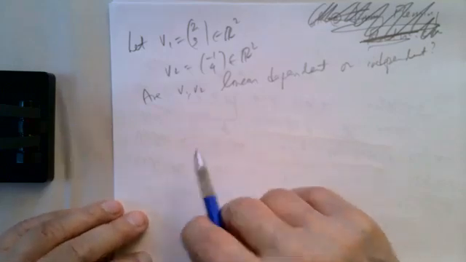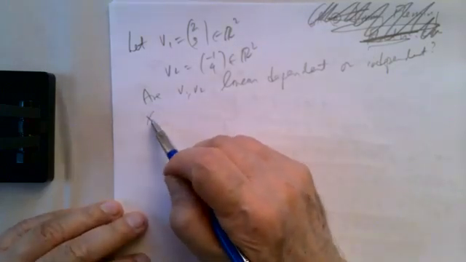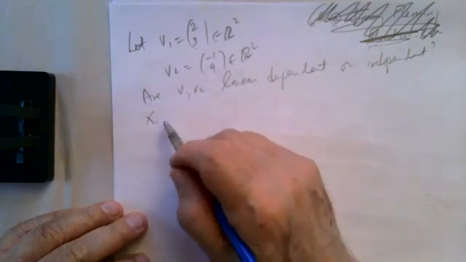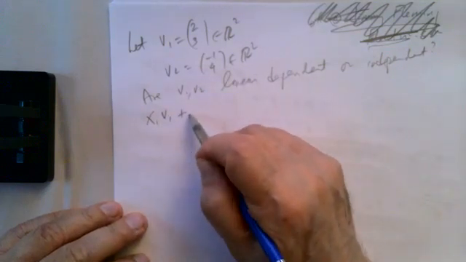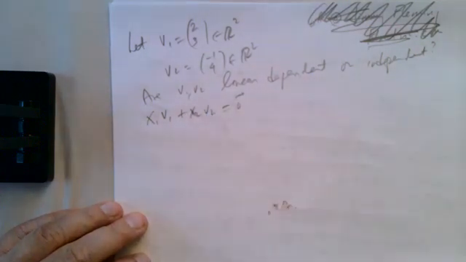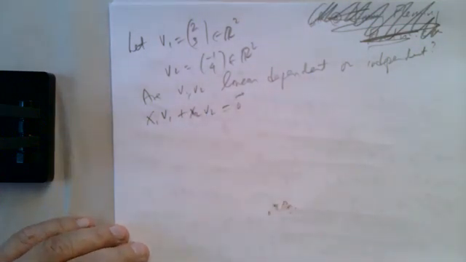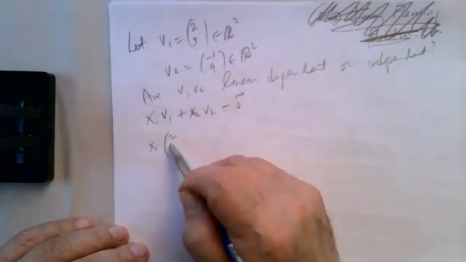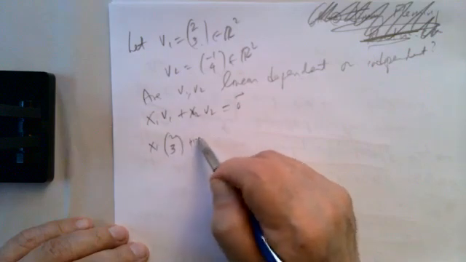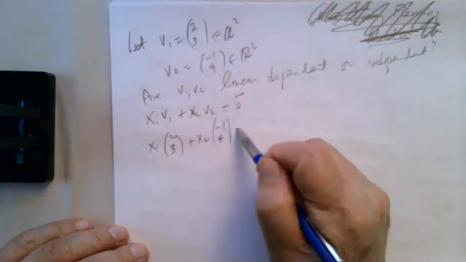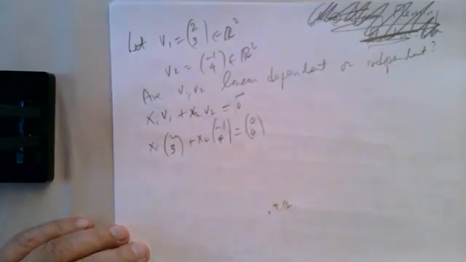So you say, okay, well, suppose some linear combination, I'll call the scalars x1 and x2 instead of c1 and c2. Suppose x1 v1 plus x2 v2 is the zero vector, right? That means x1 times the vector 2, 3 plus x2 times the vector -1, 4 is the zero vector.